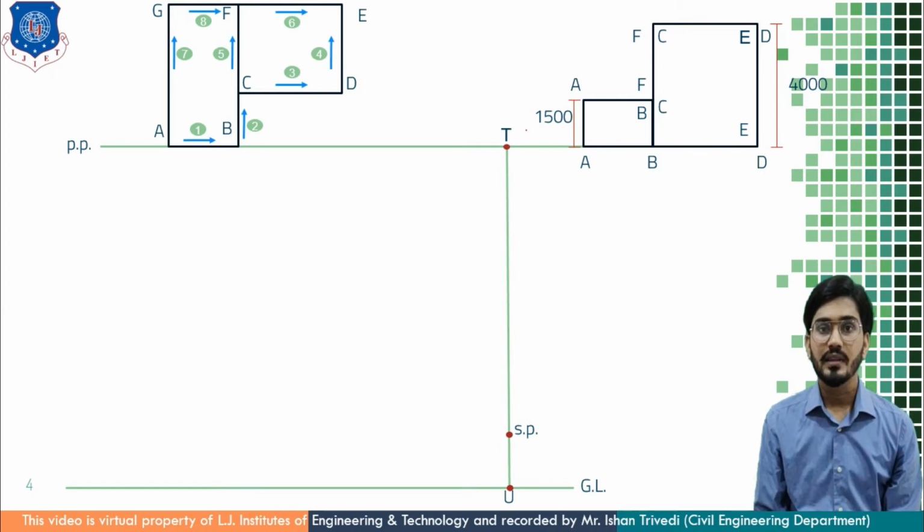Remember this thing. Now, what I have done here and what I tell you to do is mark the maximum dimension. Here G to F is the maximum dimension. So from this point to the T point, that distance is 5 meters. Take that 5 meters and draw this line.